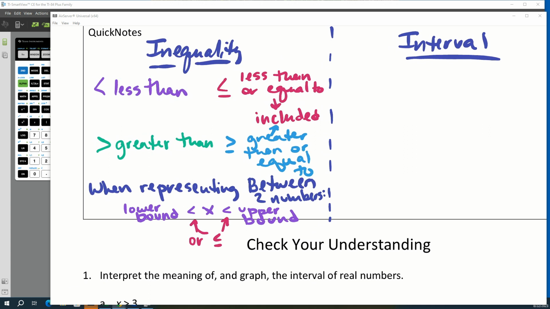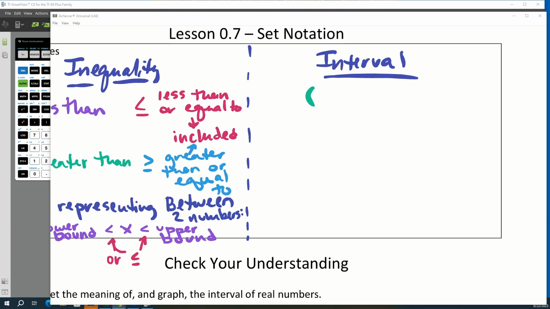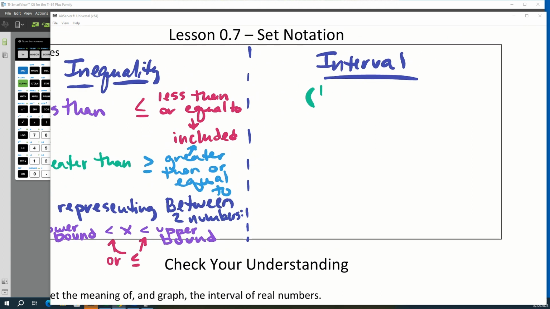Now, interval notation, you use parentheses or brackets and a comma in between. So I'm just going to start off just to represent it using parentheses, and we'll talk about when you do which. So on the left side is going to be the lower bound, and then you'll have a comma, and then the right number is going to be the upper bound, and then you'll either have a parenthesis or a bracket. This is the same way as saying in between two numbers, but just with an interval instead of an inequality.